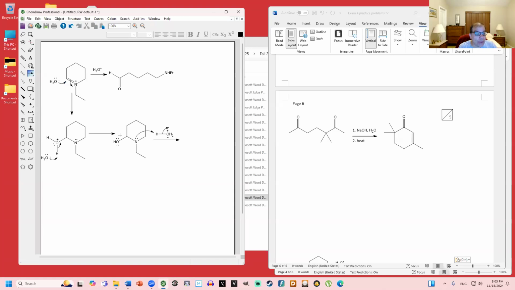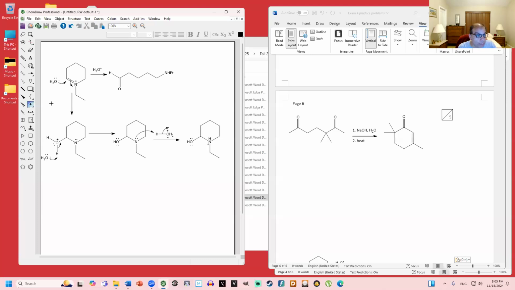The idea is we're going to lose this entire amino portion as a leaving group. The only difference between this and what we did in class is it's all happening in an intramolecular fashion. Other than that, the mechanism's identical.